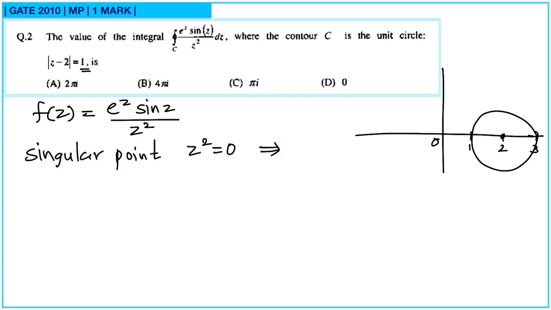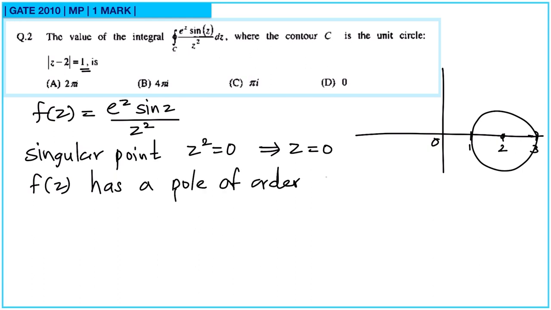So z square is 0, that means z is equal to 0. So this function f of z has a pole of order 2 at z equal to 0, and it lies outside the curve.